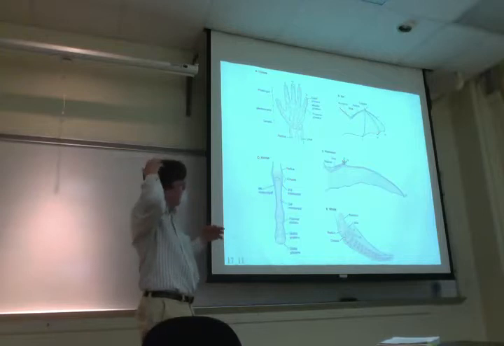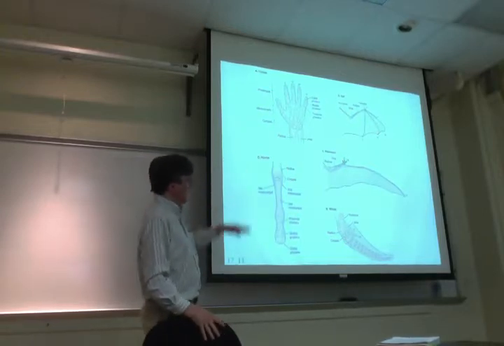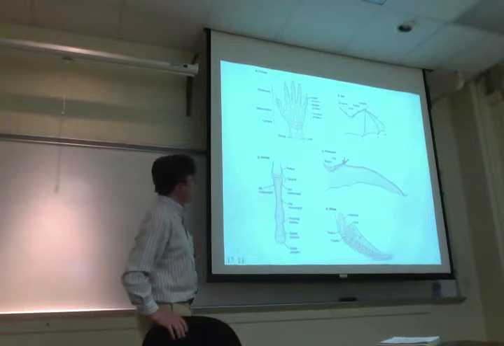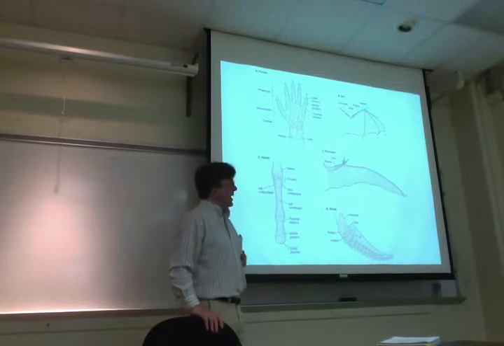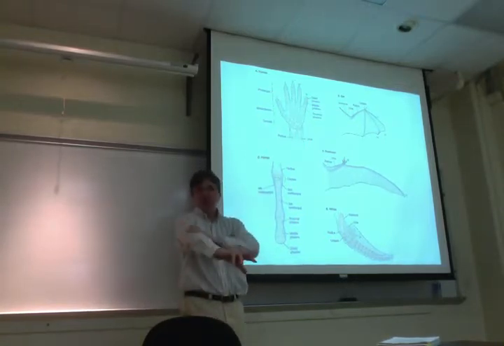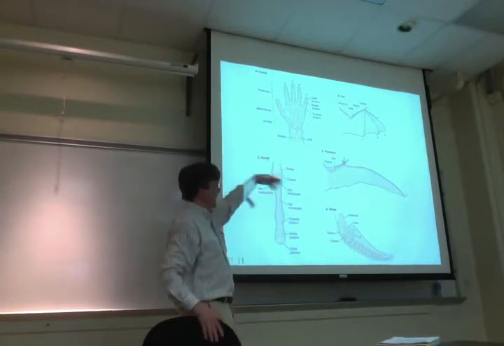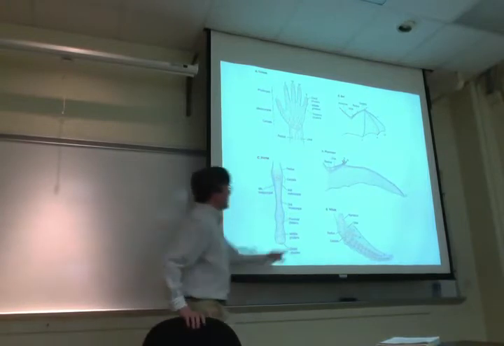But what we're looking at here is the divergence of that hand. Right? Now, mainly when we look at these limbs, this diagram doesn't show it, at least in the case of the human and the horse, but everything else is pretty much the same. Right? The forearm and the upper arm, or foreleg and upper leg, or whatever the appendage is, looks pretty much the same. Right?